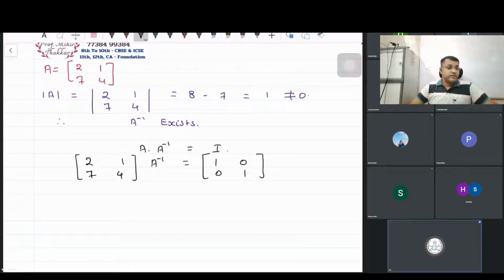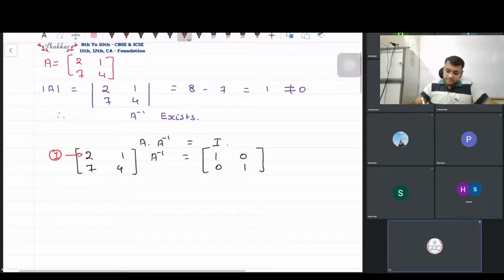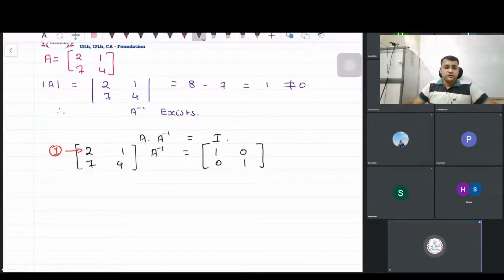So guys, if you remember, we have to convert the matrix A into the identity matrix, and for that the first thing that I have to do is I require this element to be converted into 1. And how do we convert any element into 1? Tell me, how to convert a number into 1? Yes, very good.